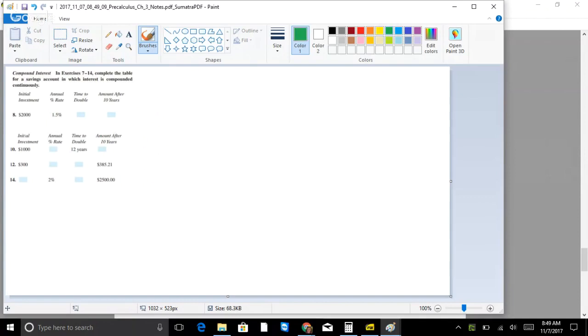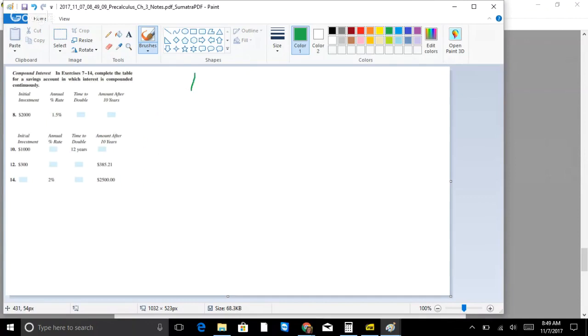Fun, right? All right, so let's remember all of these problems here, 7 through 14. We're talking about compounding interest, and specifically interest that is compounded continuously. Let's remember what that formula is.